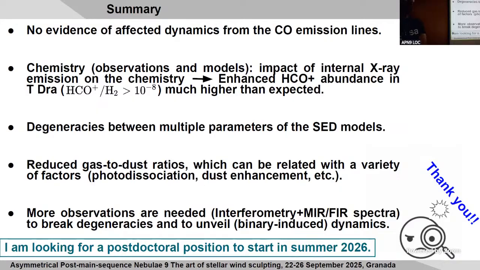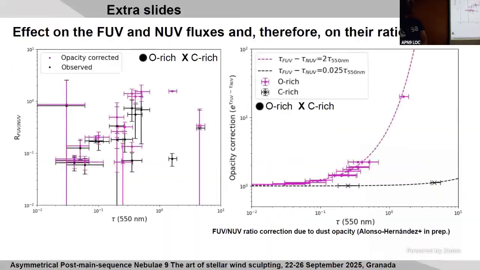Yeah. Well, my work is not focused on the characterization of the companions or on the ultraviolet or X-ray emission. It's more on the characterization of the circumstellar envelopes. But one thing that I did not mention on these slides is that one of the criteria to discern whether it could be related to binarity or to chromospheric activity, for example, is the far-ultraviolet to near-ultraviolet ratio, in some way the ultraviolet color.